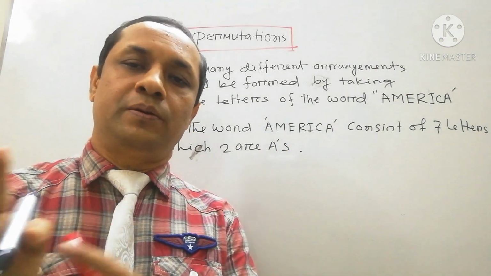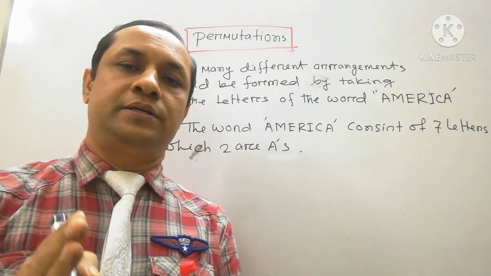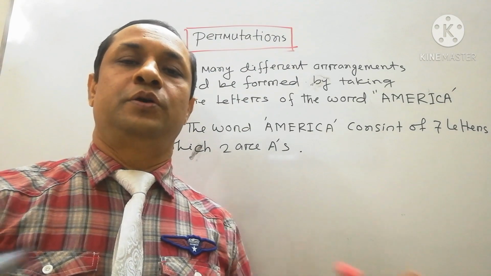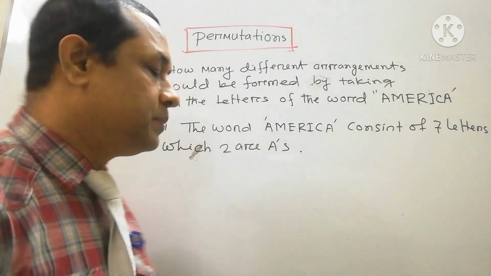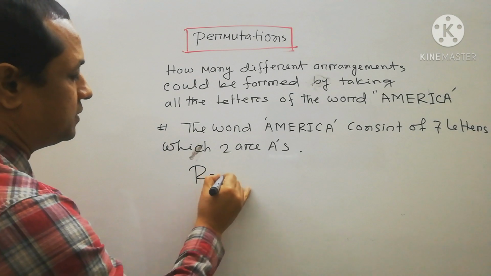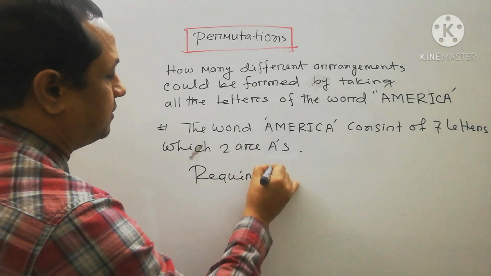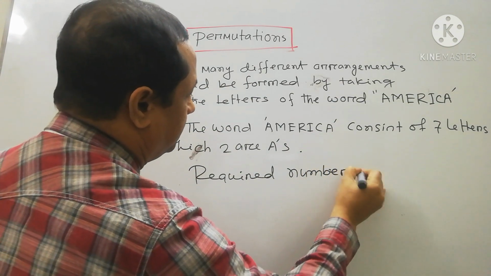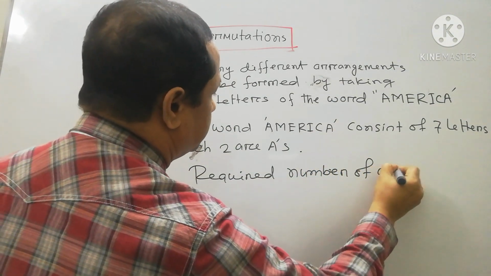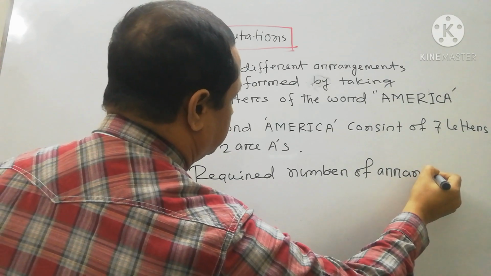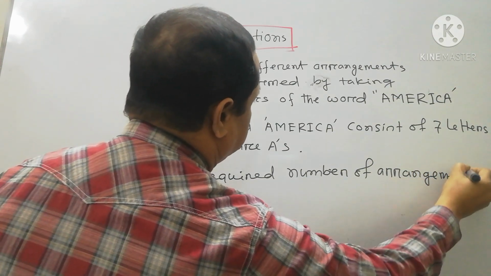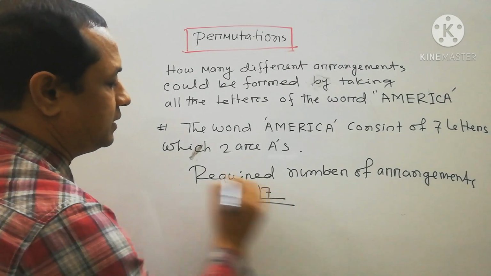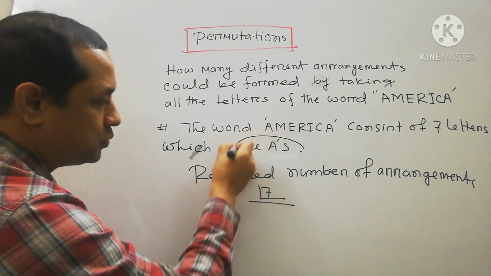In America, the total number of letters is 7, but 2 are A's, so all letters are not different. So the required number of arrangements, permutations or words equals factorial 7 divided by factorial 2, since 2 are A's.